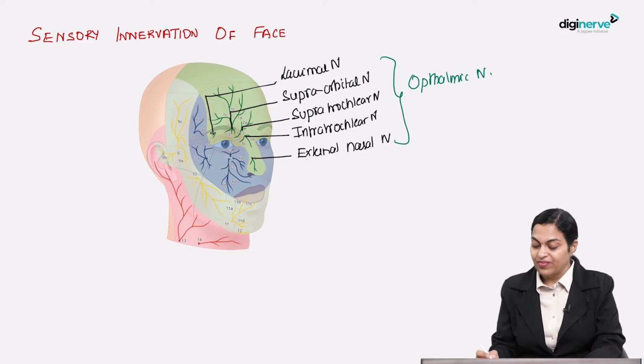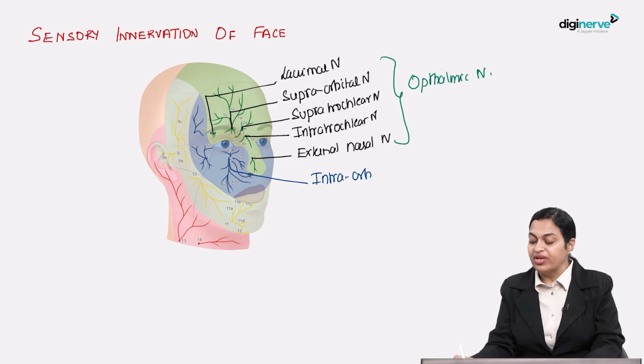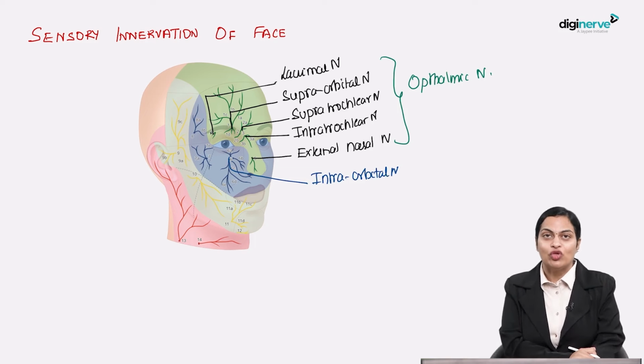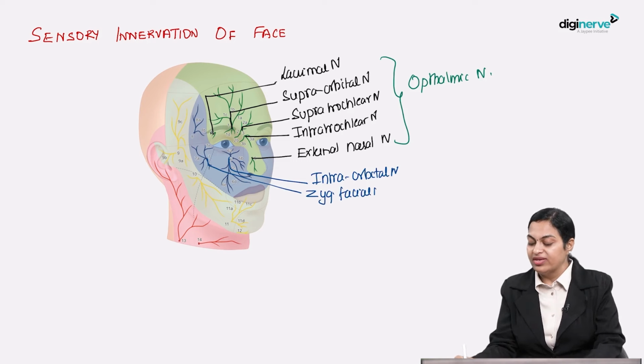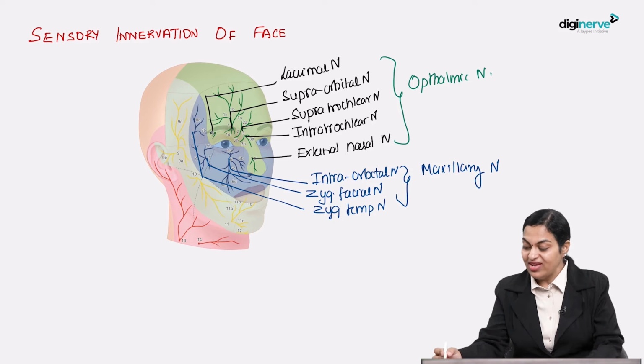Now, here, this one supplying the skin over the lower eyelid and the upper part of the cheek is the infraorbital nerve. This infraorbital nerve is the main continuation of the maxillary nerve, right? And this one over here is the zygomaticofacial nerve, and this here is the zygomaticotemporal nerve. All these are branches of the maxillary division of the trigeminal nerve, right?